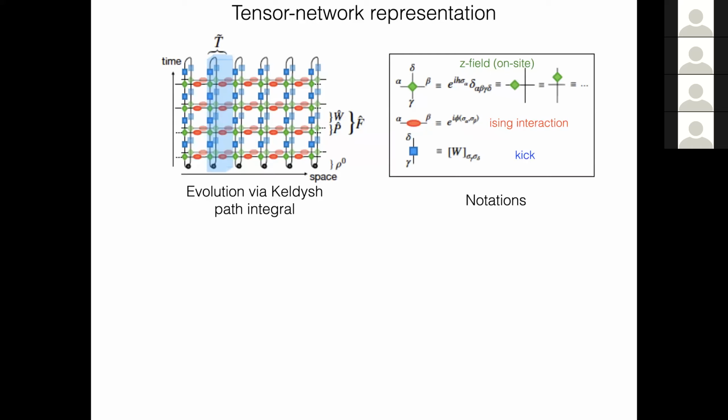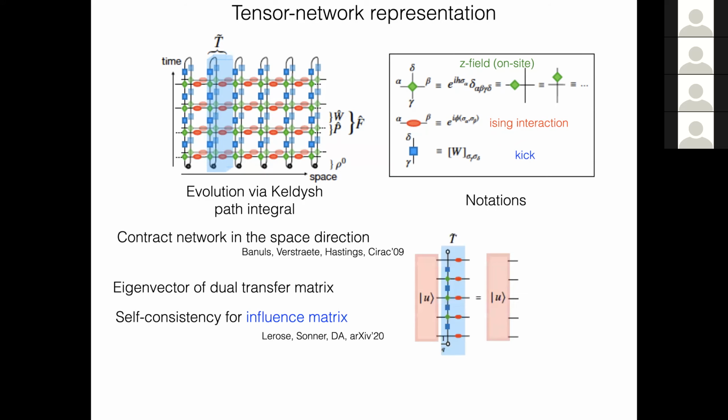I have an interaction, which is the red oval, and the z field is this green tensor here. When we're thinking about the real-time evolution, this is represented as a Keldysh path integral, so this tensor network would have a forward and backward copy, as also appeared in the talks yesterday.